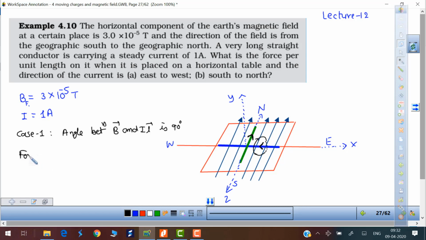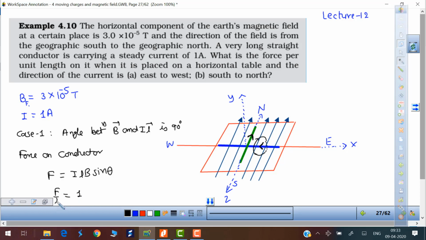is 90 degree. So force on the conductor F is equal to ILB sin theta. This is the formula, IL cross B. So here I is 1. We want to find force per length.